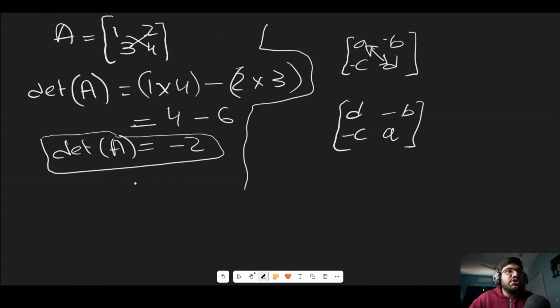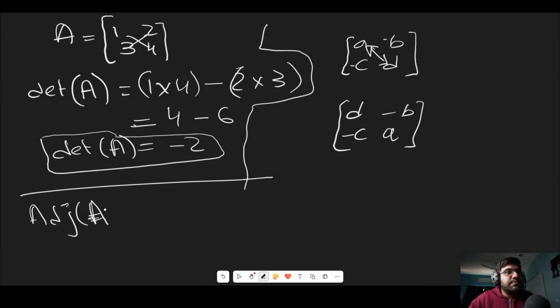So let's take the adjoint of matrix A. The normal matrix A is 1, 2, 3, 4, right?